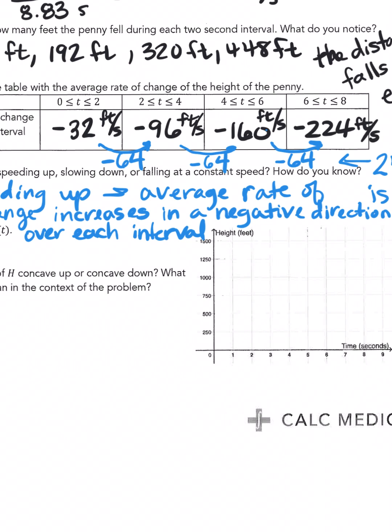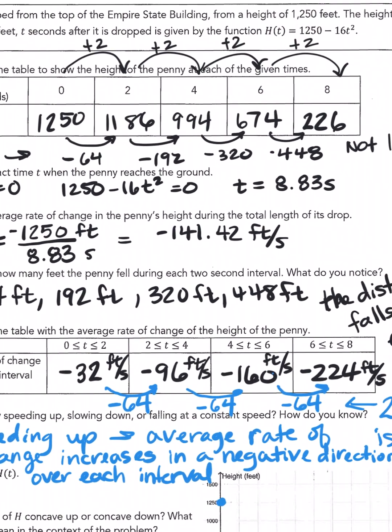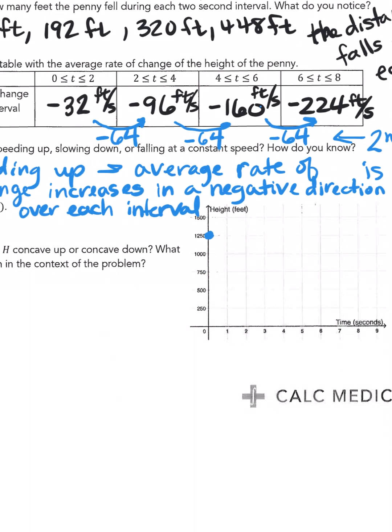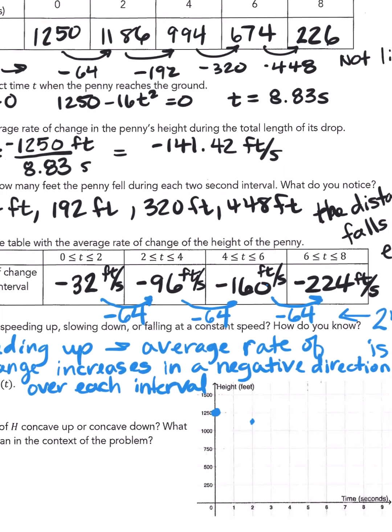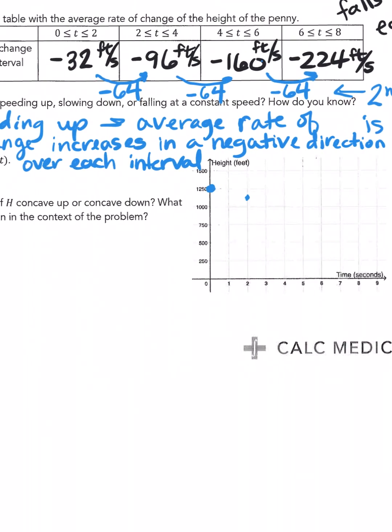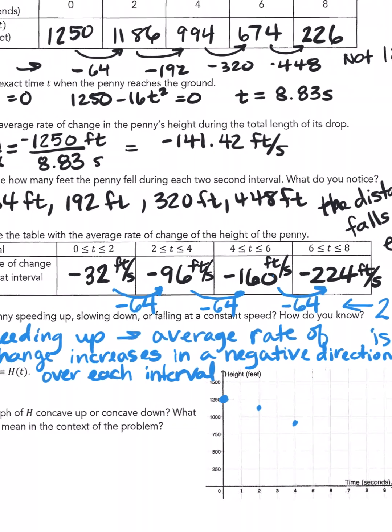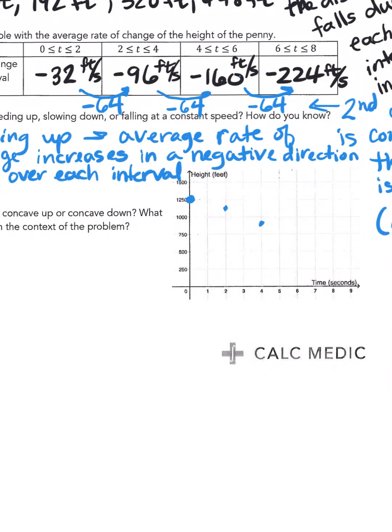So now it says graph y equals h of t. We started at 1250. Then we went to where? 1186? At 2 seconds, 1186 would be about here. And then 2 more seconds is at 994. 2 more seconds is at 674.